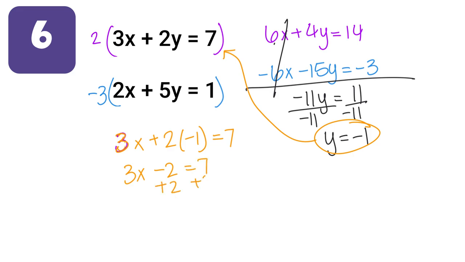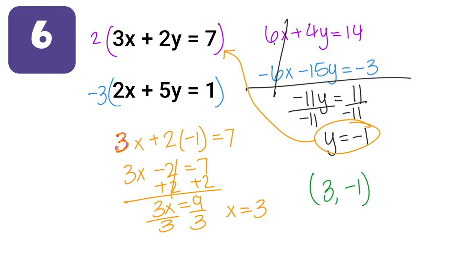I'm going to add 2 to both sides. 3x equals 9, and divide by 3. So x is going to equal 3. And again, I have my ordered pair, x first, then y inside parentheses, and this would be my answer.